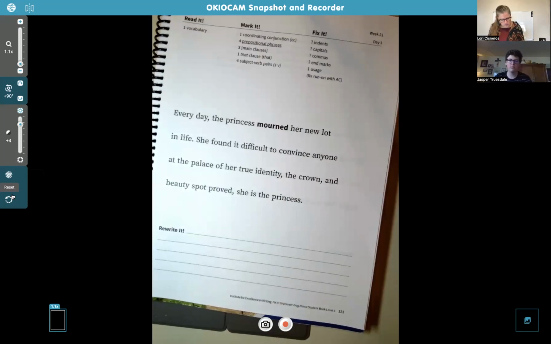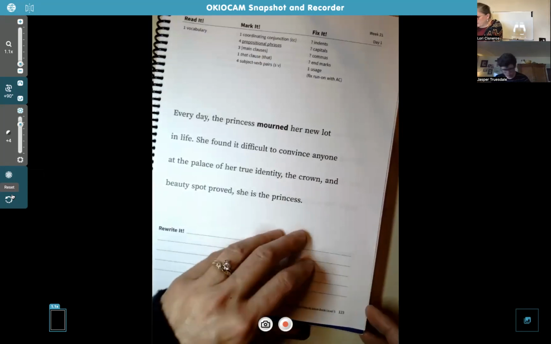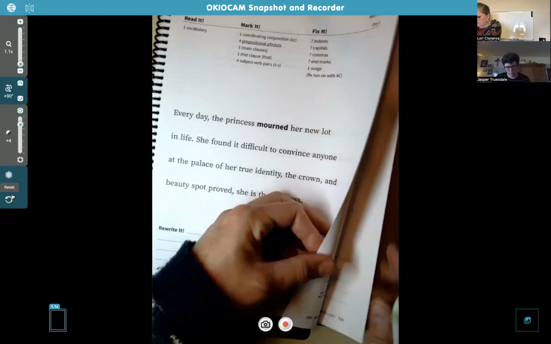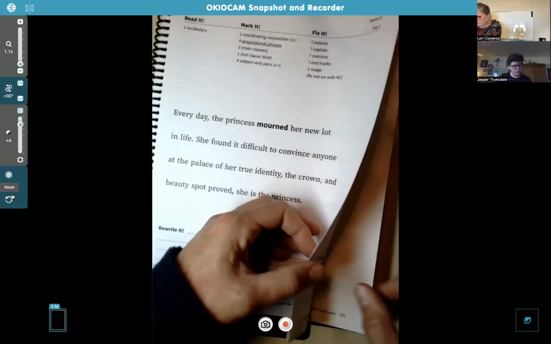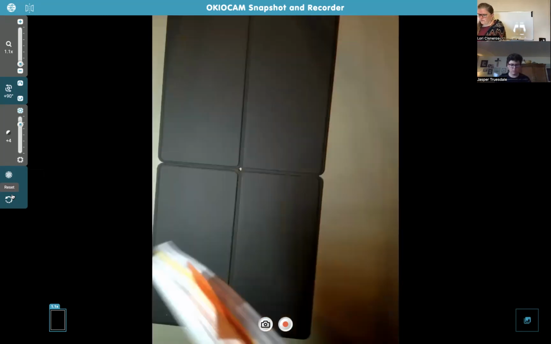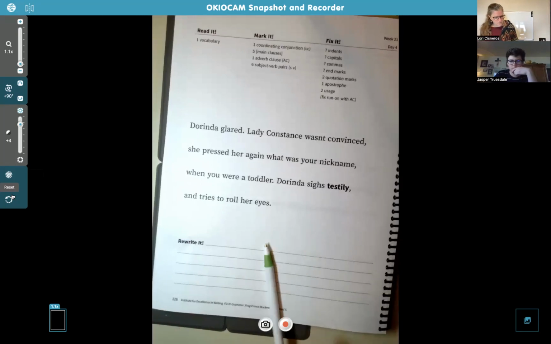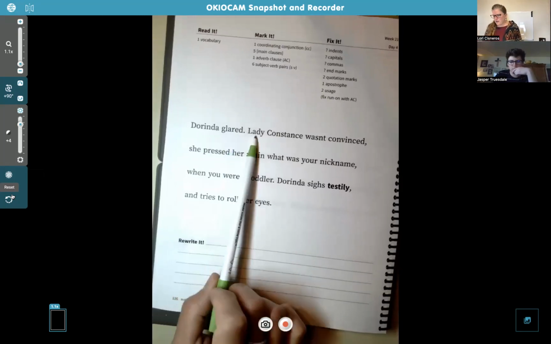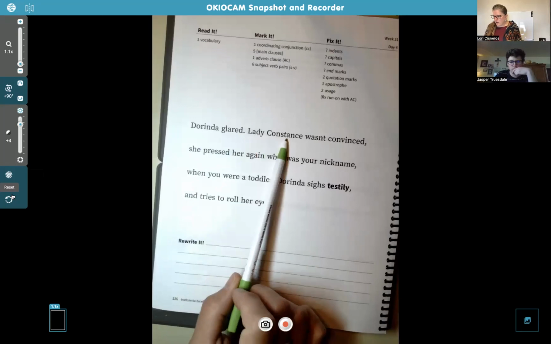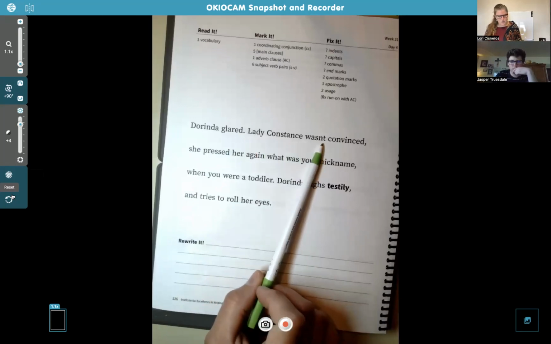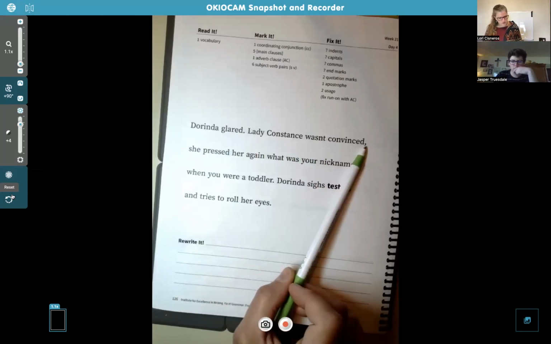I think that's the only one where you're adding, no, page 126. Page 126 really quick. I'll just give you a heads up on that one too. This one, Dorinda glared, and then here, Lady Constance wasn't convinced.